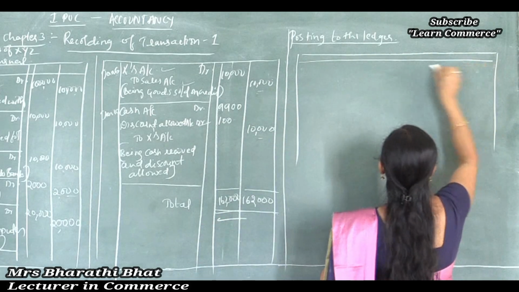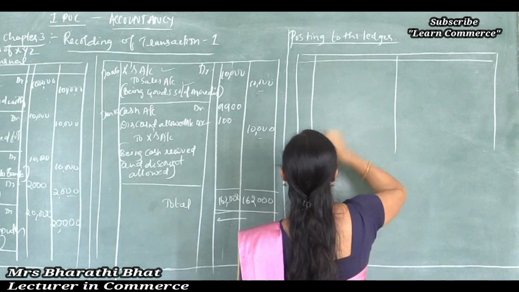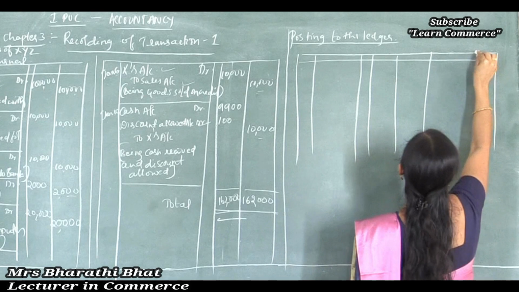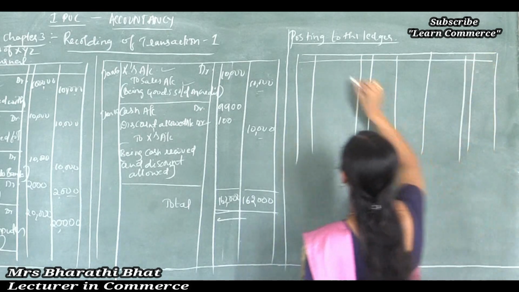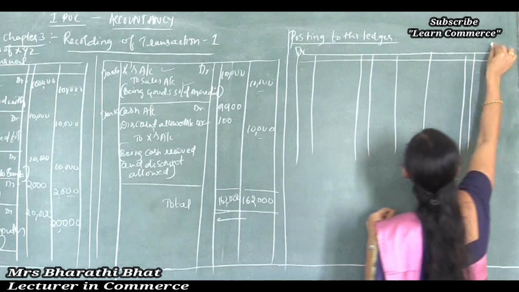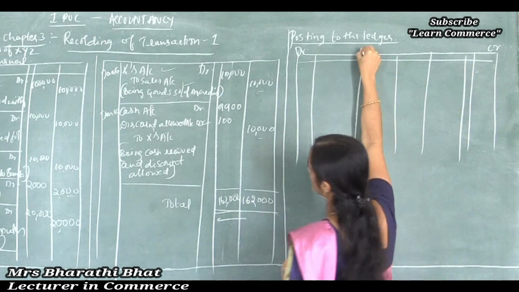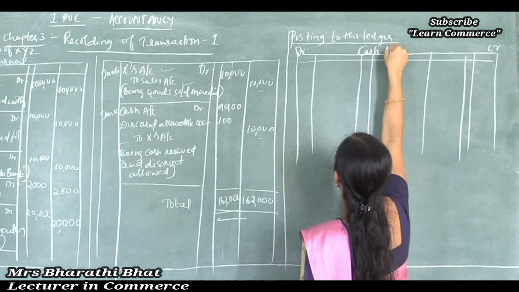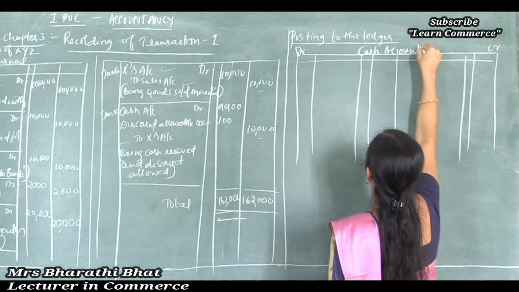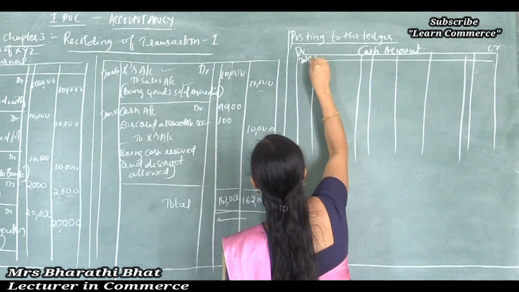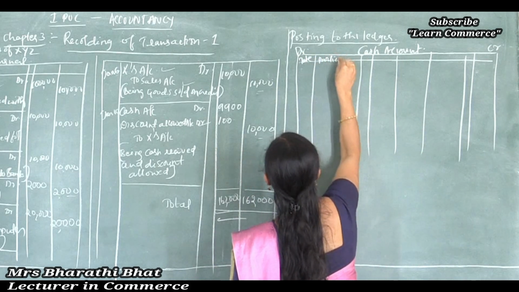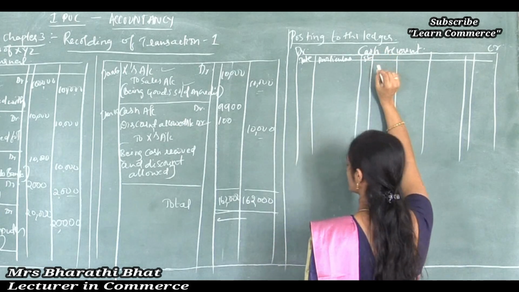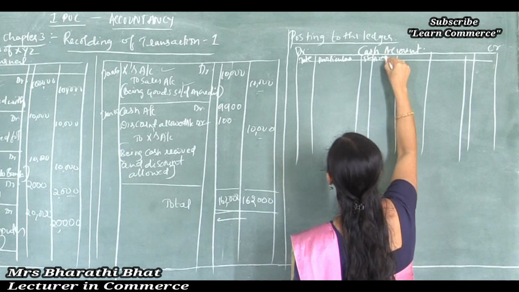First, which one? First the T format: date, particulars, JF. Again date, particulars, JF and amount. And we should record debit and credit, and we should write the title of the accounts. The first one is cash account. And here date, particulars, JF, journal folio, to record the journal folio, and amount in rupees.